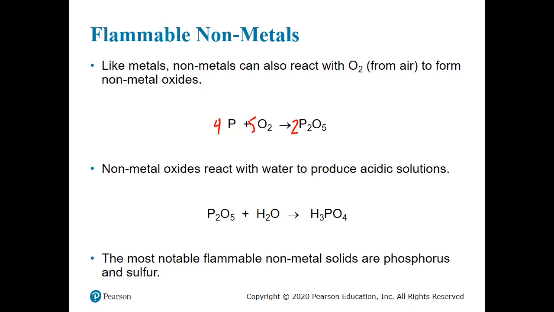That compound in this particular case is P2O5, diphosphorus pentoxide. Now that substance itself is water reactive and would make an acid solution. The acid in this case being phosphoric acid.